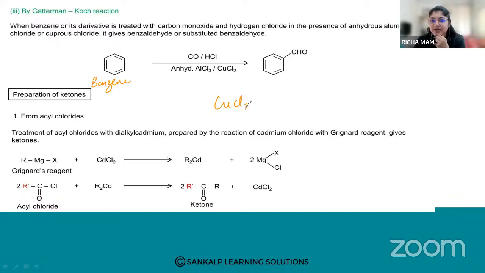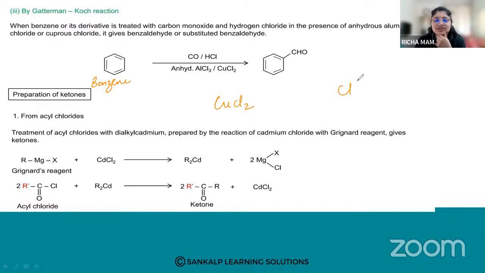In cuprous chloride, what is the oxidation state of copper? Can anyone tell me what is the oxidation state of copper in cuprous chloride? What is the oxidation state of copper here?